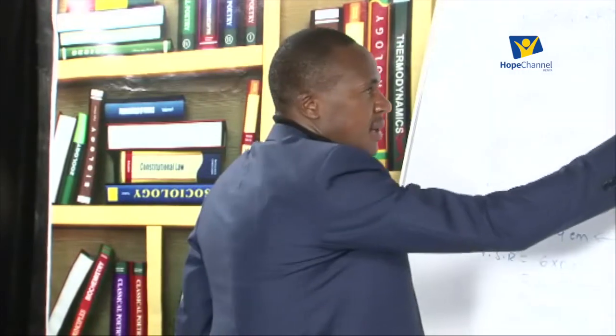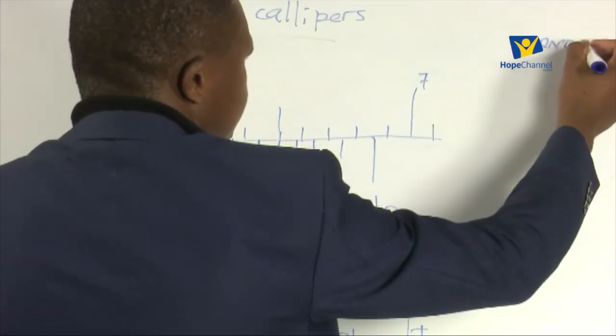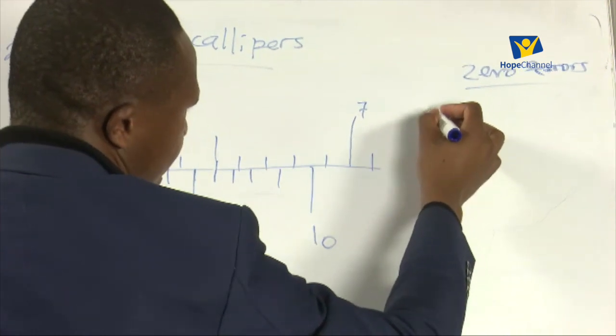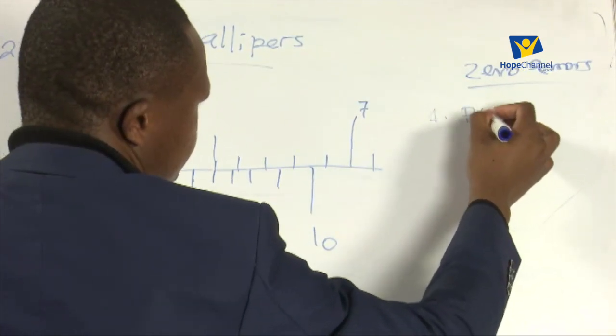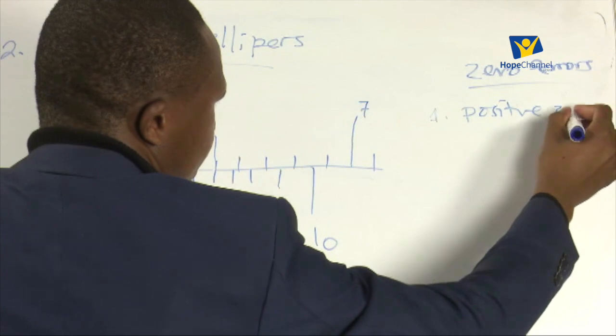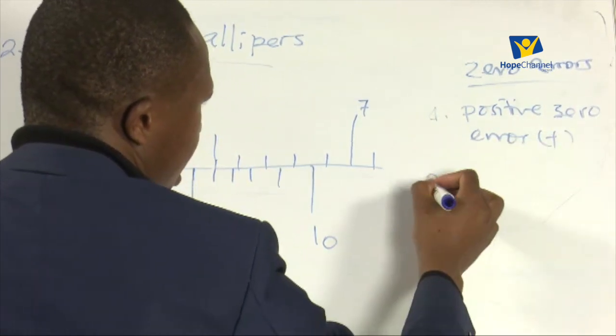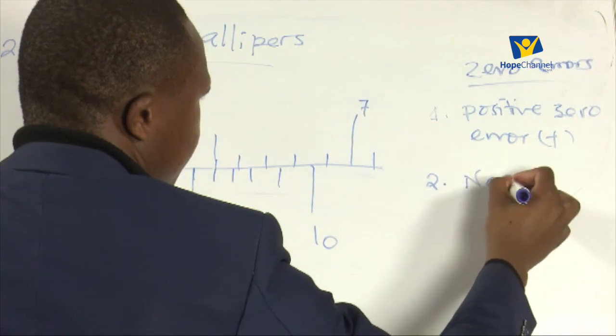Again, a problem arises if the Vernier calipers has an error. The Vernier calipers can also have two types of errors. We call them the zero errors of the Vernier calipers. They can be two. Number one, we have a positive zero error. We can also have number two, a negative zero error.